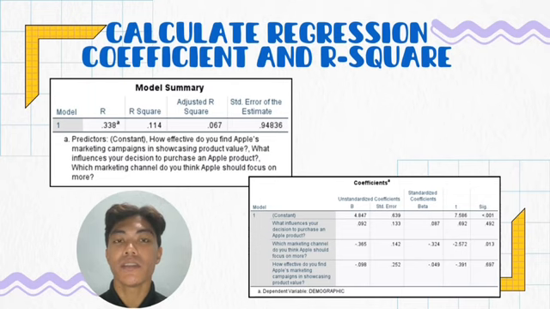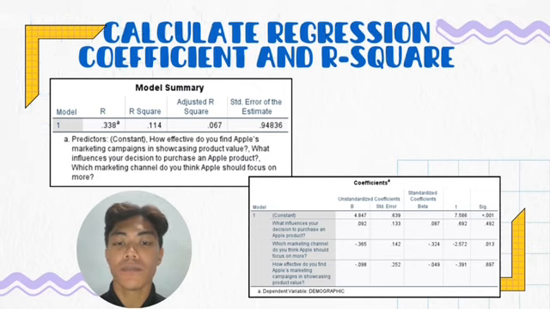The adjusted R-square is 0.067, indicating moderate model strength, and the standard error of the estimate is 0.94836. From this analysis, the predictor, which marketing channel do you think Apple should focus on more, is significant, indicating it has a meaningful impact on demographic.